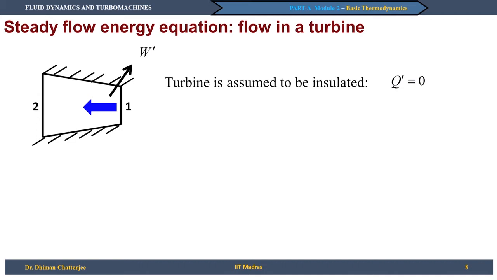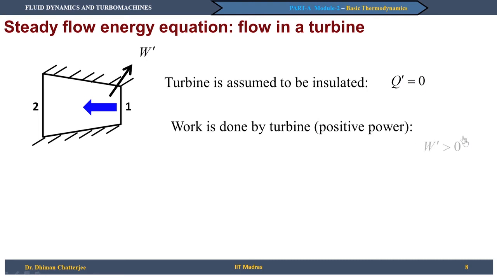If in any particular case you come across a significant heat transfer from the turbine or from the compressor to the surroundings, you have to account for it. So, we assume that the turbine is insulated and Q prime is 0, the flow is from 1 to 2, and there is a work transfer. This is a big difference. Work is done by the turbine, a positive power, and we say that W prime is greater than 0.